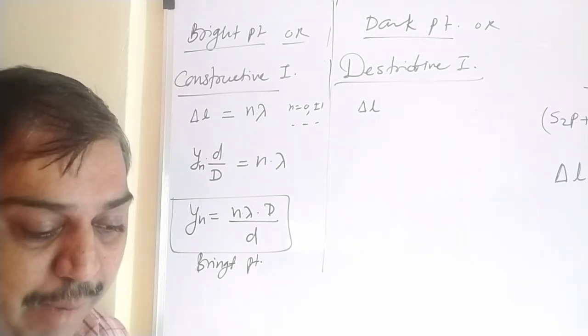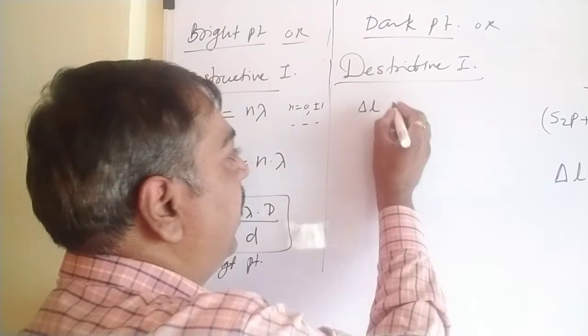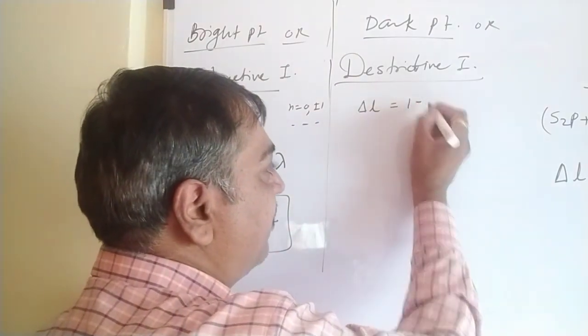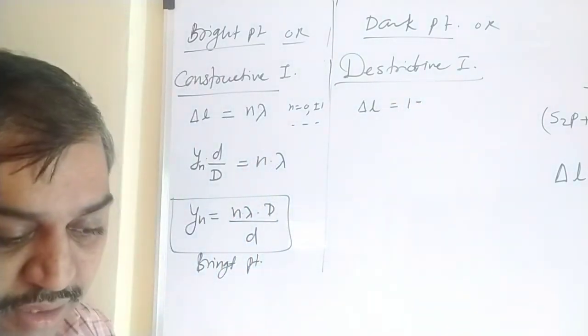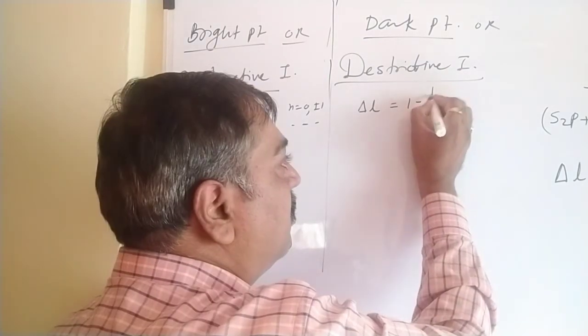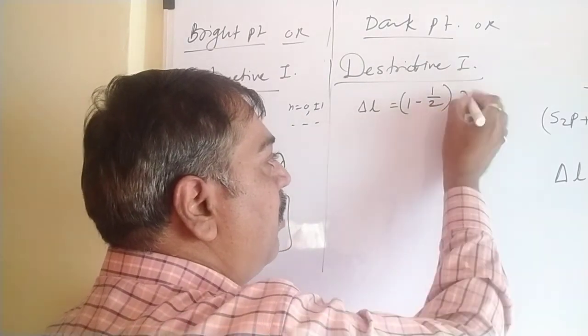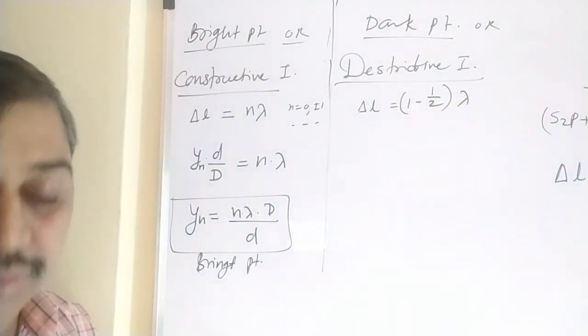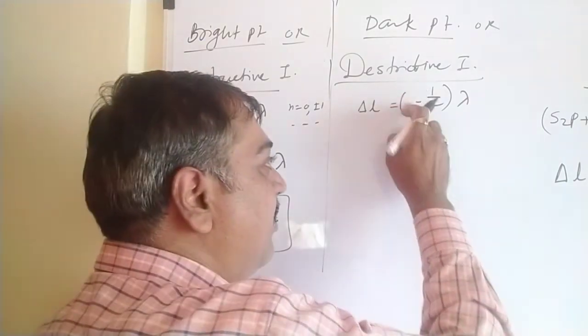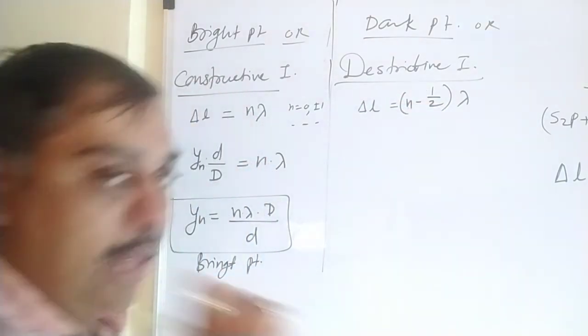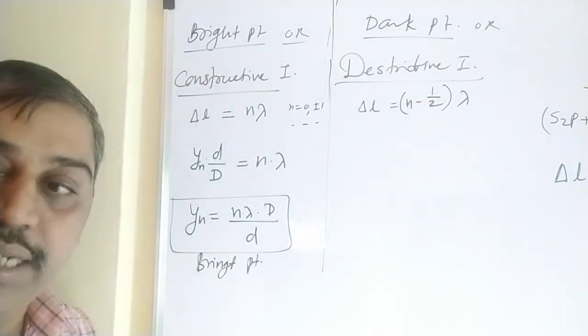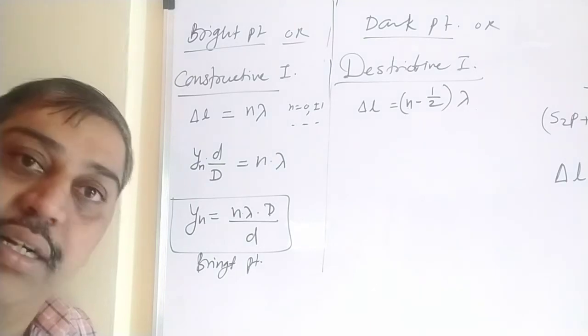Odd multiple of lambda by 2 means it must be equal to n minus 1 by 2 into lambda. Then we can say the interference is destructive interference, dark point we get.